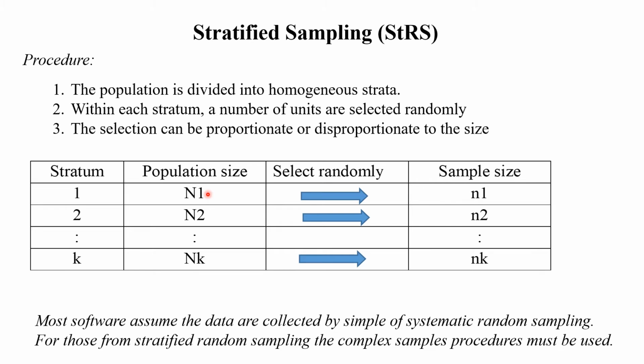So what's the basic difference? As if every layer is simple random. As if every strata is a simple random. But the entire population is stratified by homogeneous subsets. Right?